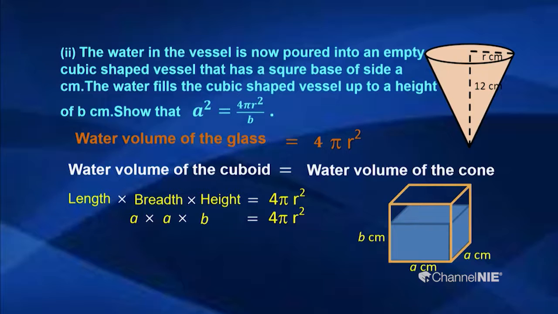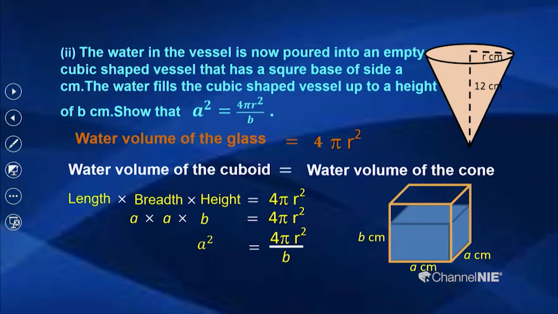So, a into a into b equals 4 pi r squared, right. Then you can write this as a to the power 2 equals 4 pi r squared over b, that is the thing they asked us to show, right.